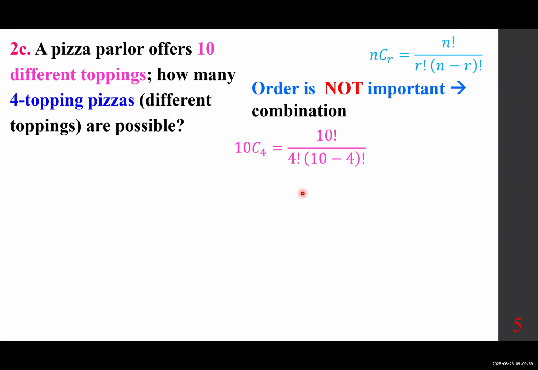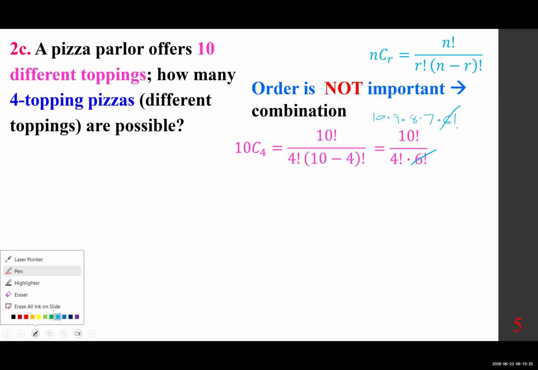Of course, you can put it into a calculator, but in any event, you can simplify it and come up with the answer. By the way, one way to simplify that, this is 6, so you can write this as 10 times 9 times 8 times 7 times 6 factorial. So you can drop that, okay? You can write this as 4 times 3 times 2 times 1.